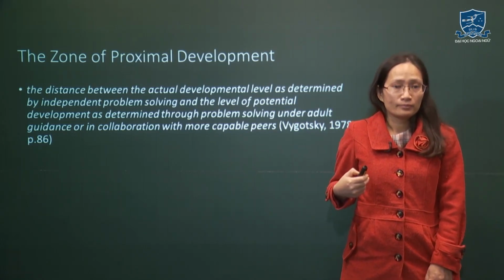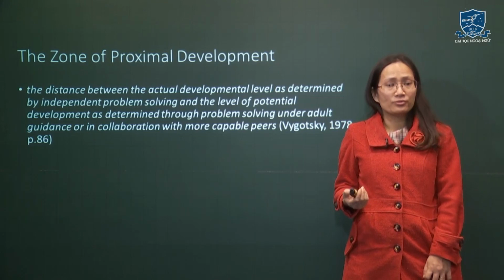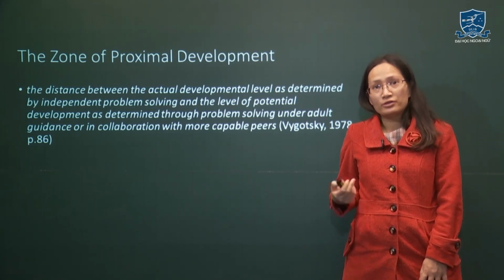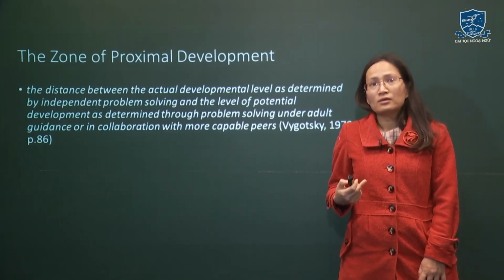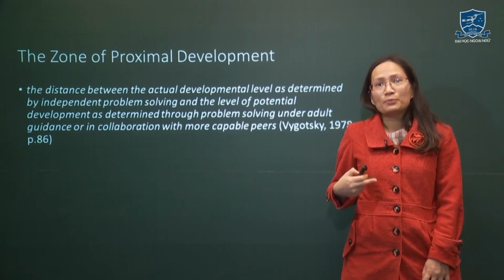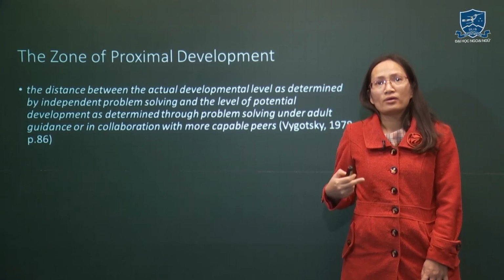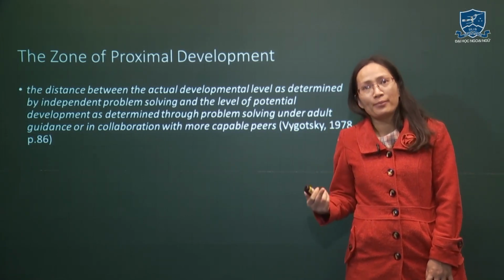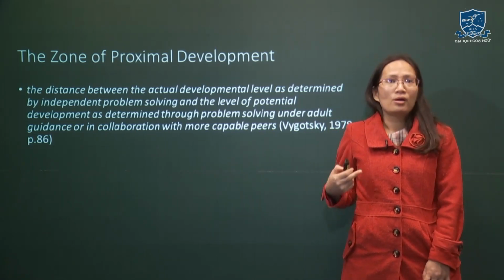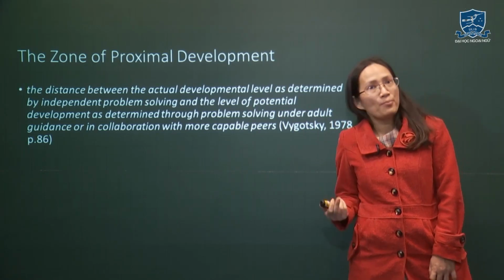And the level of potential development refers to what a child is potentially able to do with other people's help, with a capable adult or capable beings' help.